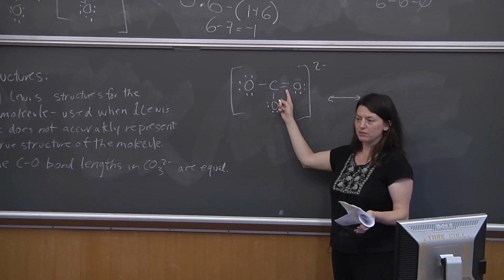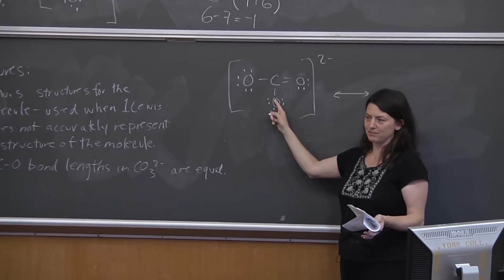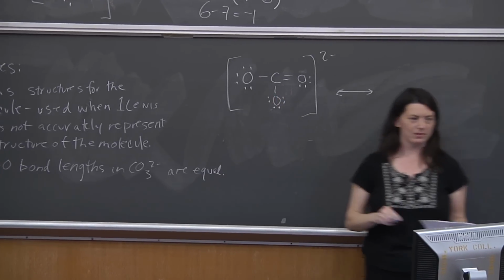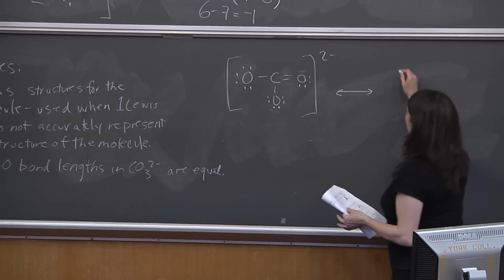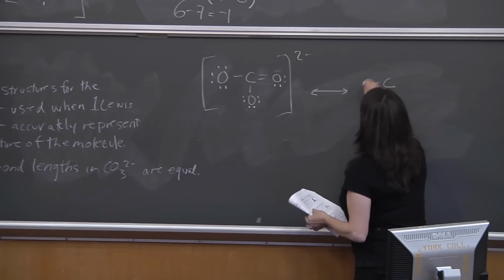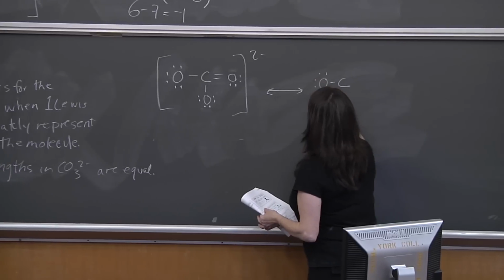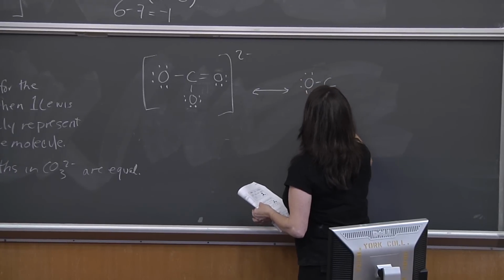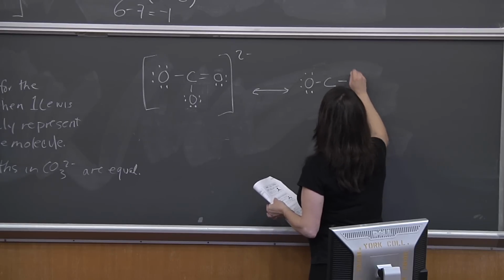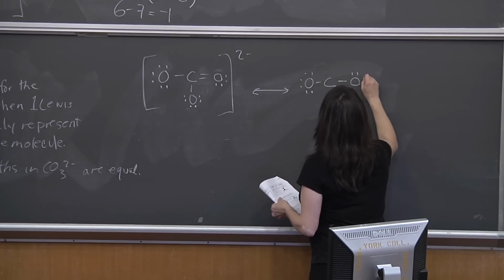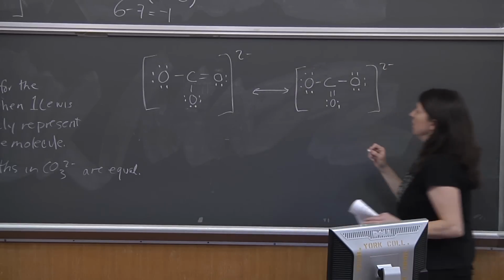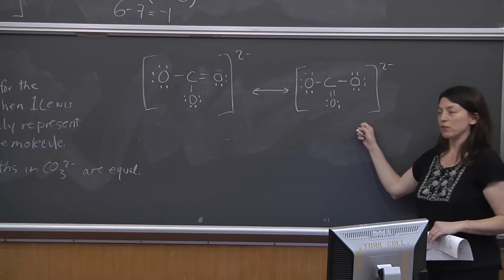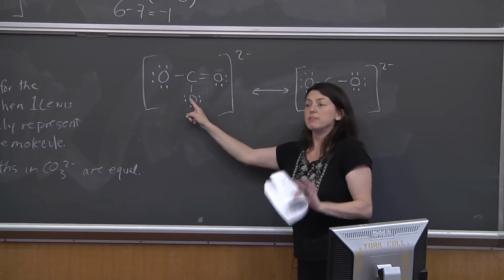There's no reason I couldn't have put it on this oxygen instead, or on this oxygen instead. So when you're drawing resonance structures, you're basically showing all of those possibilities. The second resonance structure would have a double bond somewhere else.